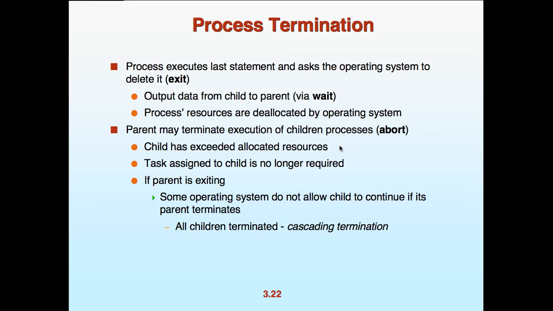All children of terminated processes undergo what's called cascading termination, where if the parent terminates, you cascade down to all the children. That is what should happen in a perfect world, because if you started a process and it was allocated resources, and you have child processes running and the parent goes away, then when the child exits, it has nobody to signal that it's gone, which means its resources will never be deallocated.